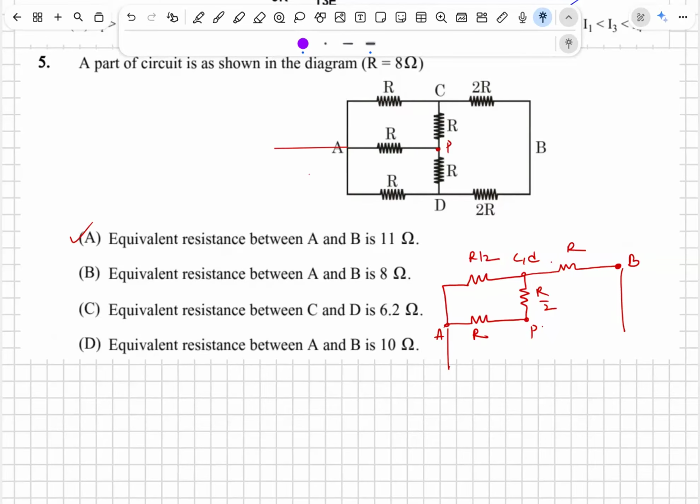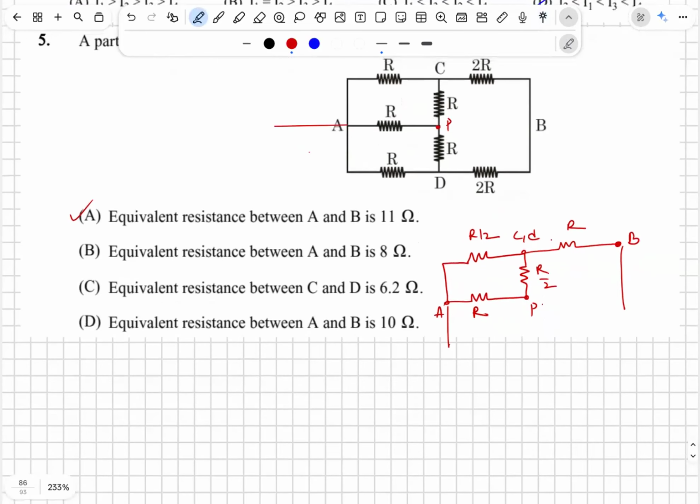So in that case, what will happen if you convert that part to delta? But the nature of the circuit did not allow me to write like that, because I'm very comfortable in this way. You apply that delta method. Then where will you link P?